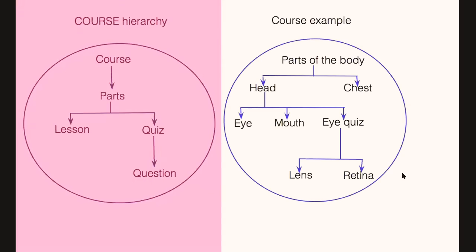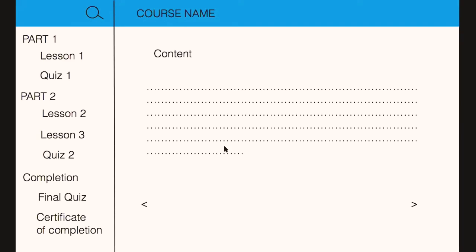Let's see what it would look like to actually have a course. And this is what it looks like on LearnPress. There is a course name on top, and below you see parts are designed in this way, and then lessons can be part of parts, and quizzes, they are components of a part.